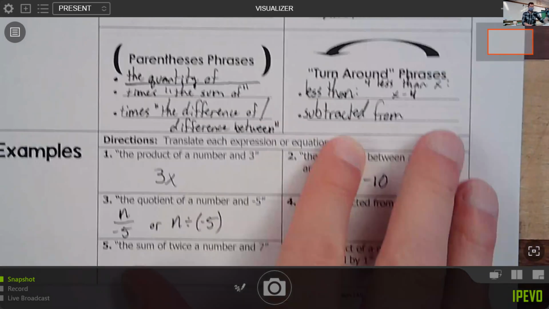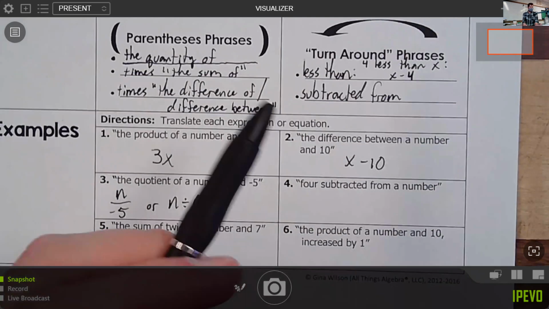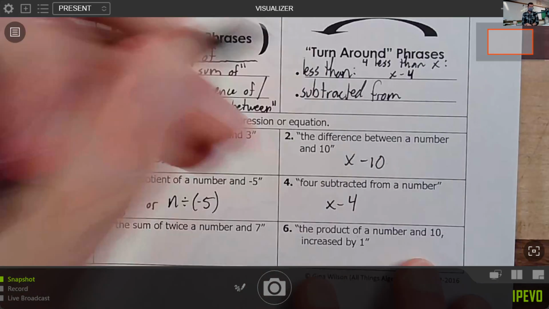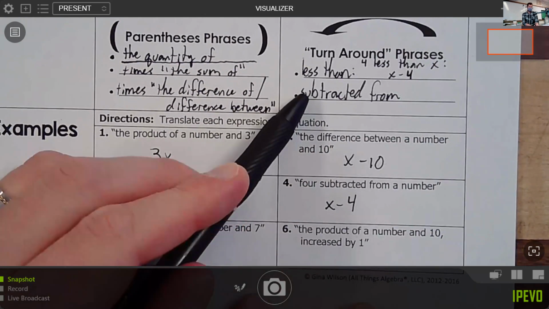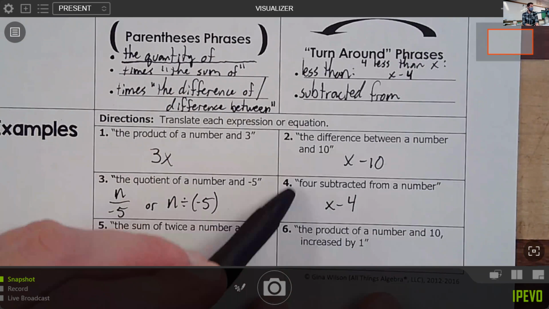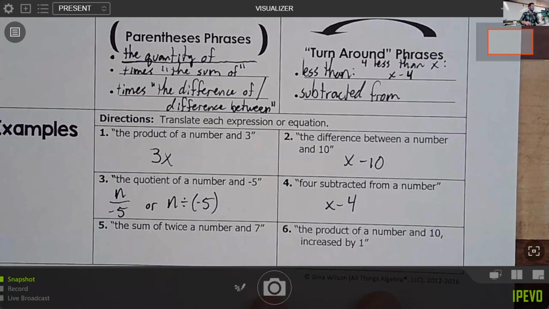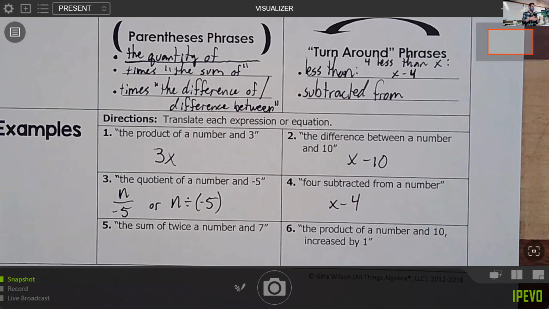So instead of saying 4 minus x, we're going to flip it around and say x minus 4. Because it's a turnaround phrase, subtracted from is exactly what we saw up here. So the actual value 4 is the thing that happens after the variable. So that's what it means by turnaround phrase. Flip around the order that it's written in to create your expression.